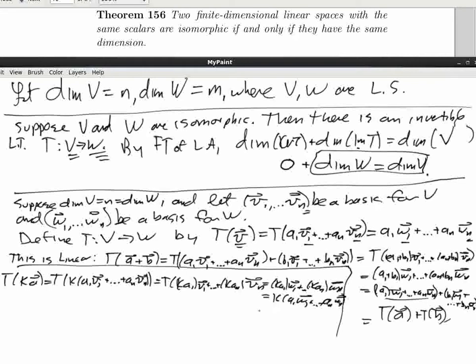And it's not much work to show that this is equal to K times T of A. So T is linear.